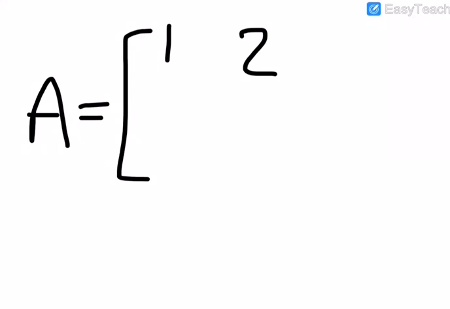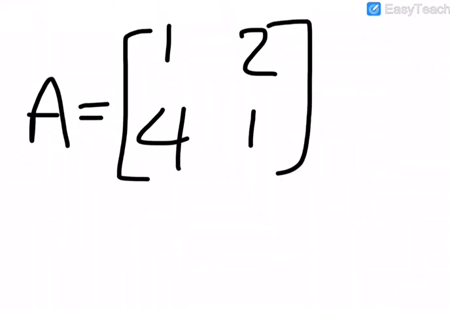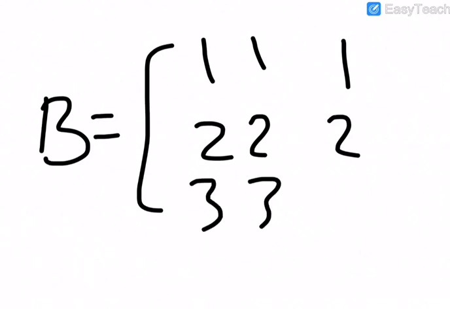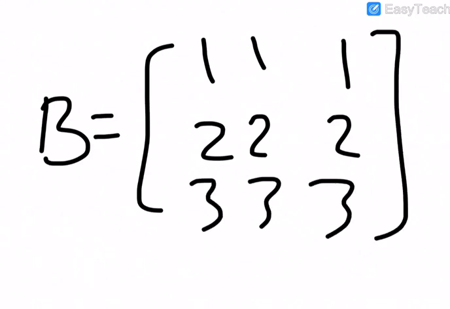Like 1, 2, 4, 1. A is a square matrix. Or a 3 by 3, it can be 1, 1, 1, 2, 2, 2, 3, 3, 3, for example. The matrix B is also a square matrix because it has 3 rows and 3 columns. They are the same, right?